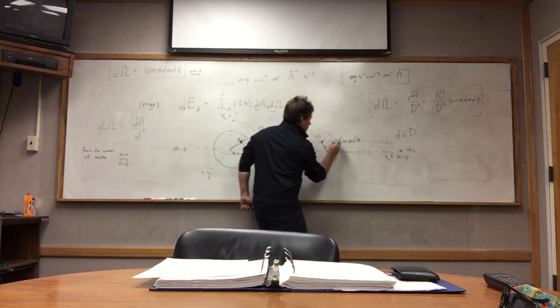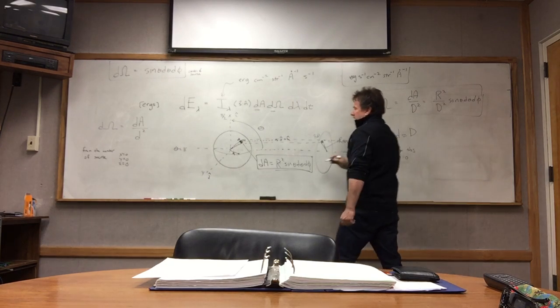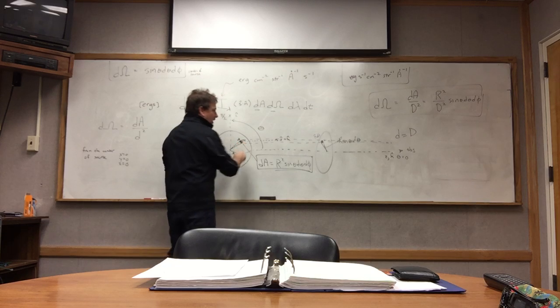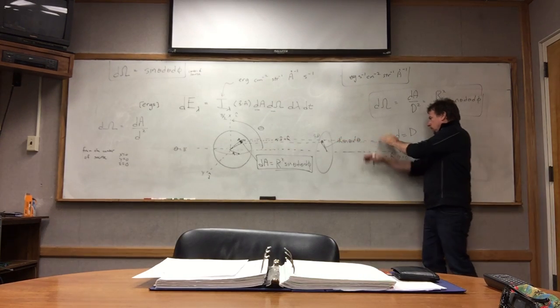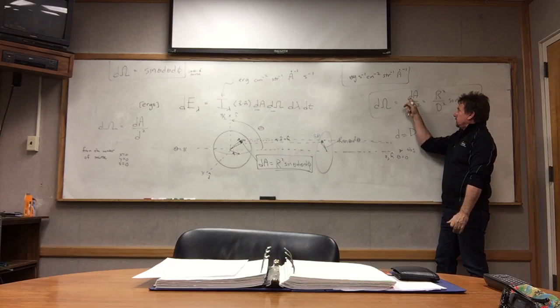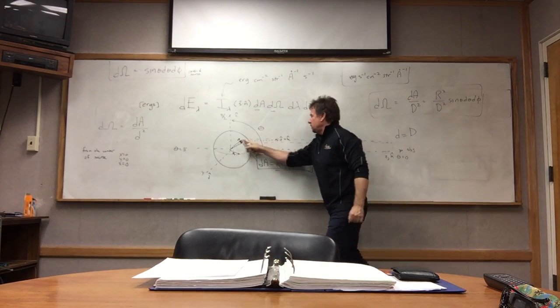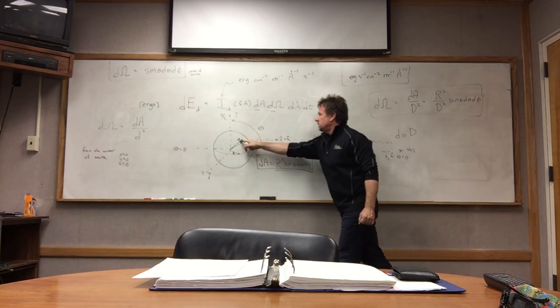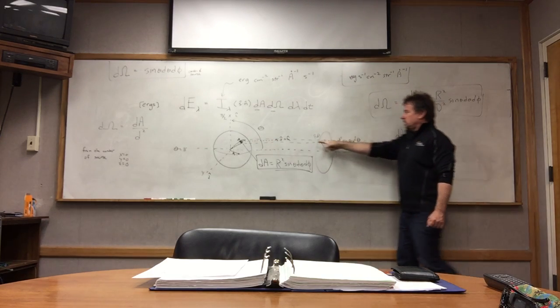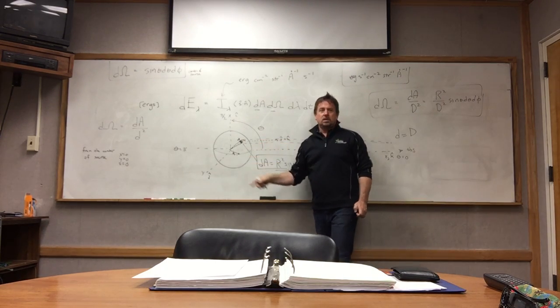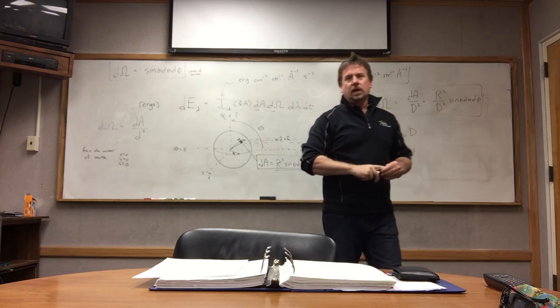I'm sorry if the colors are bad. This d omega of this surface area on that star, that solid angle, is the area, the projected area that you see, divided by the distance squared to the surface of the source. Okay?